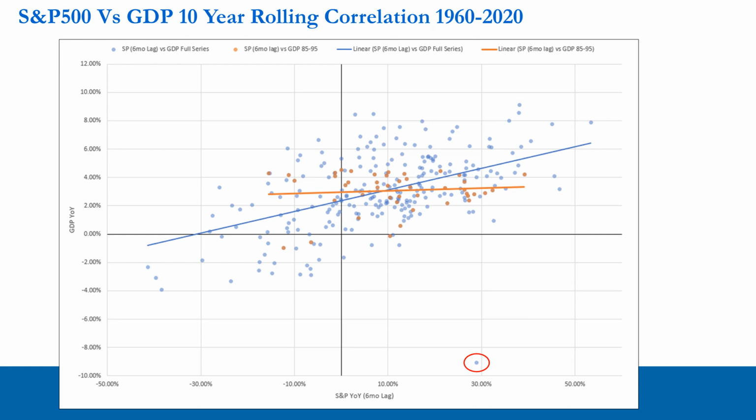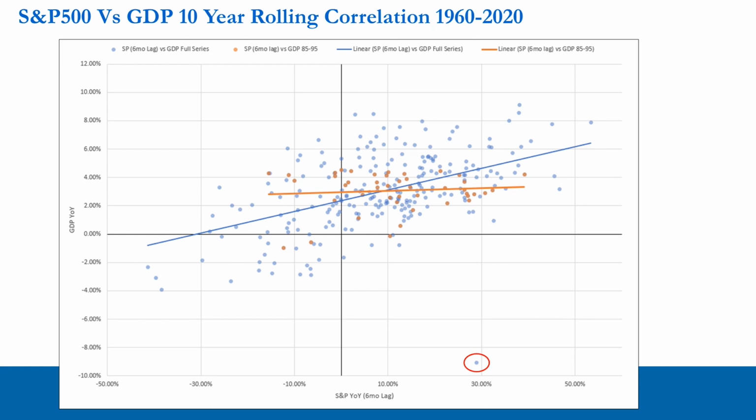So you can see and understand visually here when we look at the pale blue dots, the full data series, the pale blue dots are showing us visually that the vast majority of cases here are when the GDP number is reported up and the S&P 500 number is reported up also. And then the second most common occurrence is when GDP is reported up and S&P 500 is reported down. This would agree with our quadrant analysis. However, we of course have outliers that we'll come on to in a moment.